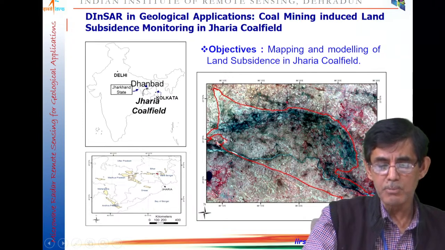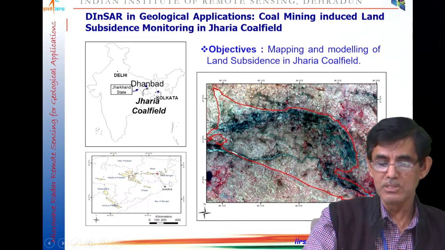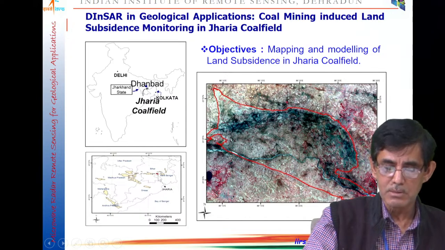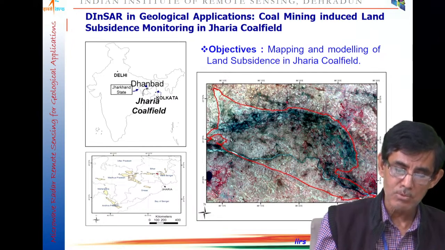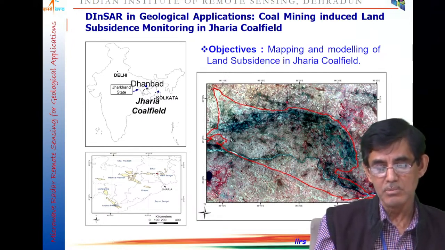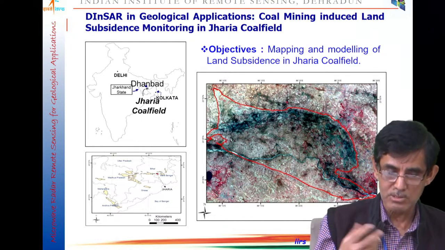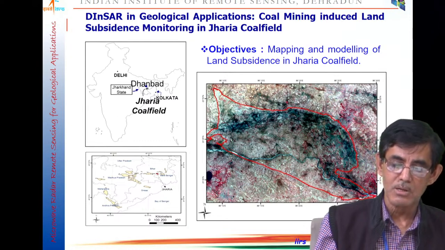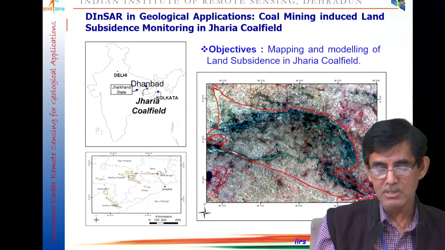But the problems are more severe in the Jharia coalfield, because it is a very old coalfield, and a lot of mining has happened without much care about the environmental impacts, without much measures to arrest land subsidence and to arrest fire, only mining, because it is a pre-nationalization period. So this kind of mining has happened without taking care about the damages it can cause.